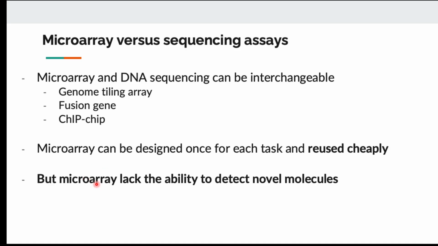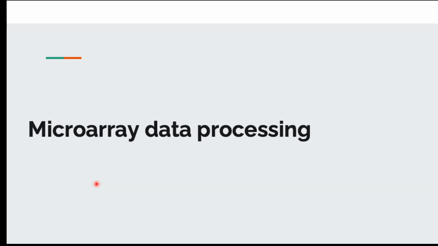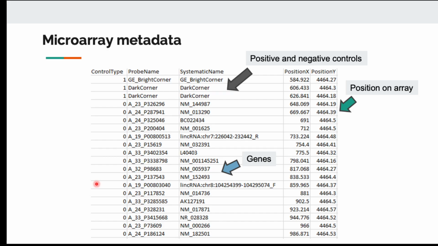cost a lot. Okay. So now that we know about the microarray technology, let's see how people handle the data. So first, when you look at microarray data, they're going to give you detailed information for each position on the array, like X and Y coordinates.